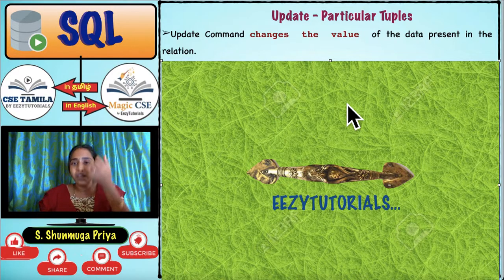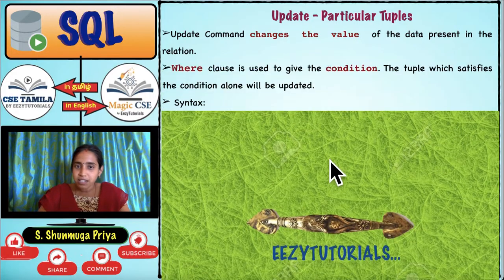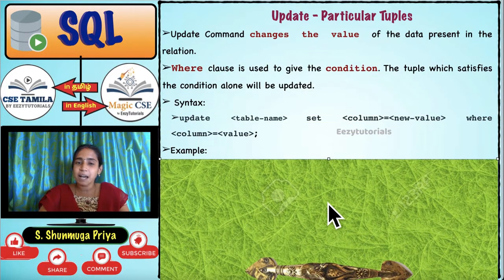You have to use the keyword where, then give the column name is equal to the value. If you are giving that, those tuples which are satisfying the condition will be taken. If you are giving select, it will be displaying. If you are giving update, the content will be updated. So that is the use of the where clause. If you see an example, it will be more clear.